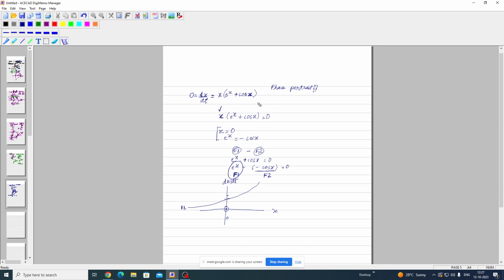Now let's draw function 2. What is function 2? It is minus of cos x. Please do not forget this precious minus. What does that tell me? It tells me it's going to be the opposite of what cos x looks like. When x is equal to 0, cos x is equal to 1, so minus cos x is equal to minus 1. So we are starting here.